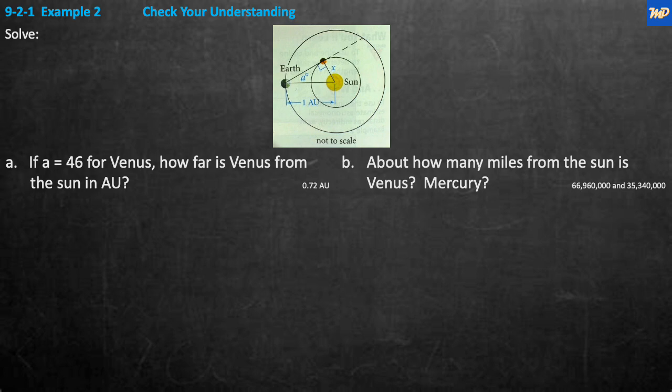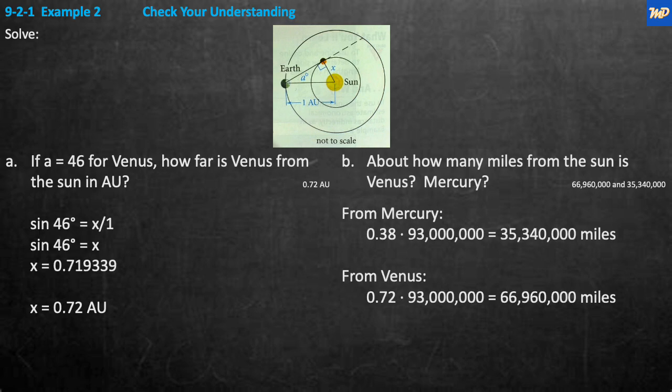And then they also ask, how many miles from the sun are Venus and Mercury? So they want you to do that calculation also. So why don't you go ahead and do that, and when you're done, restart the video, and we'll continue on from there.